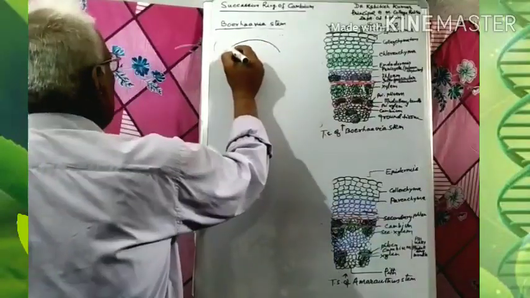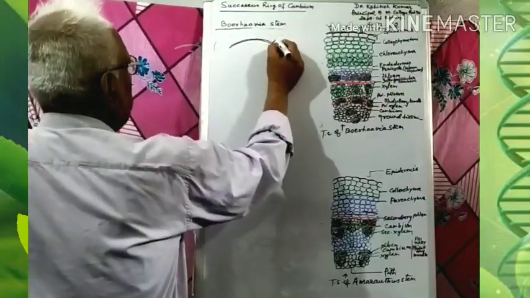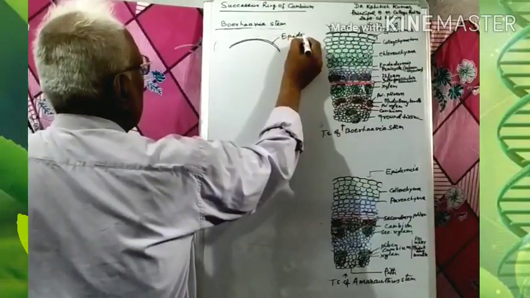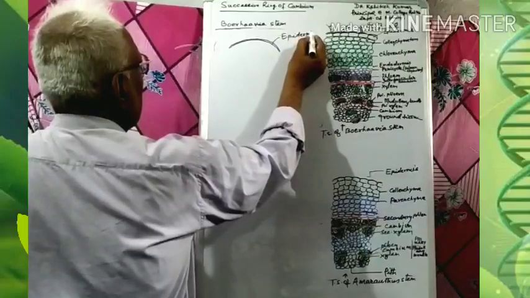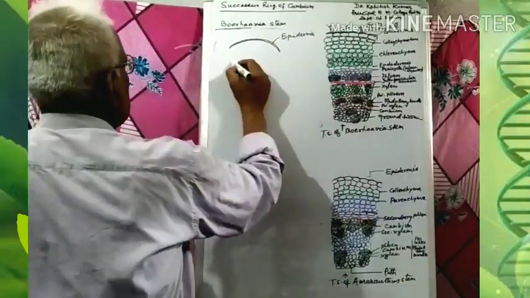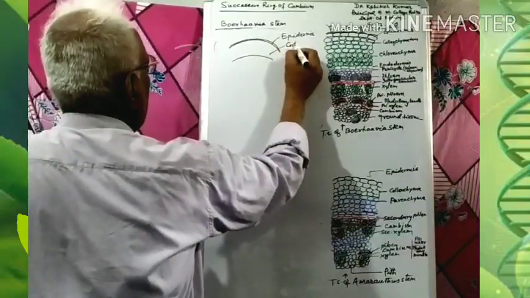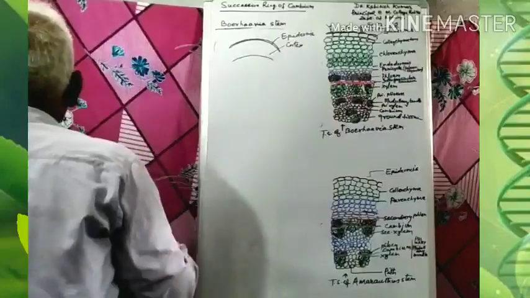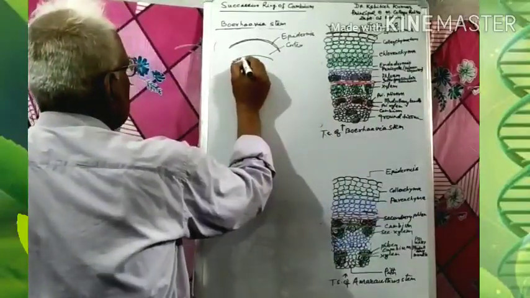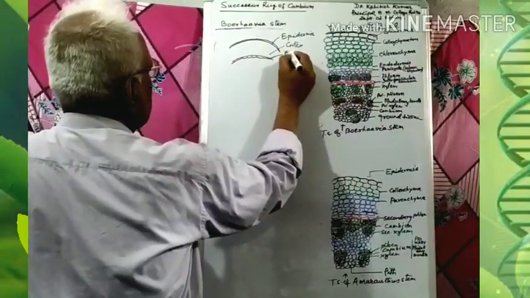The outermost layer is the epidermal layer, and this is the cortical region, cortex, and the innermost layer here is the endodermis.